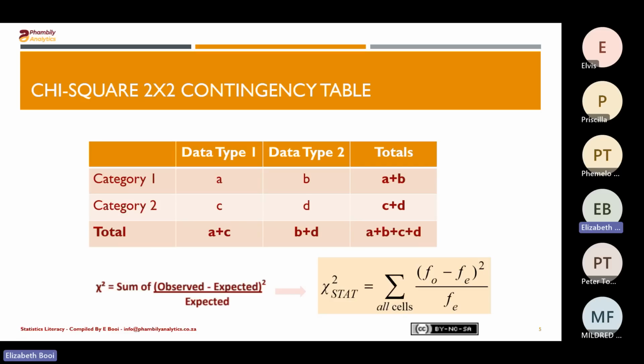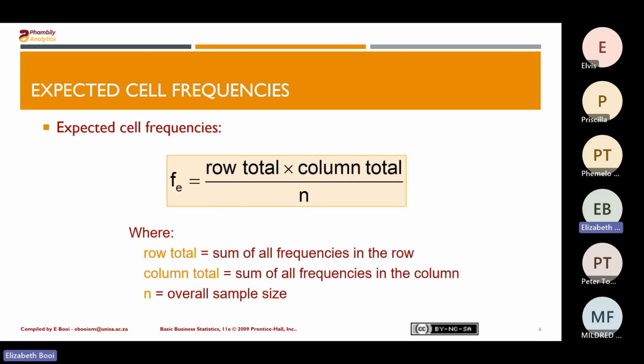How do we then calculate this expected value that I'm talking about? Because you've got the actual values, you need to calculate the expected value. To calculate the expected value, we use this formula. Remember, you need to know how many rows and how many columns you have, but you also need to calculate the totals.